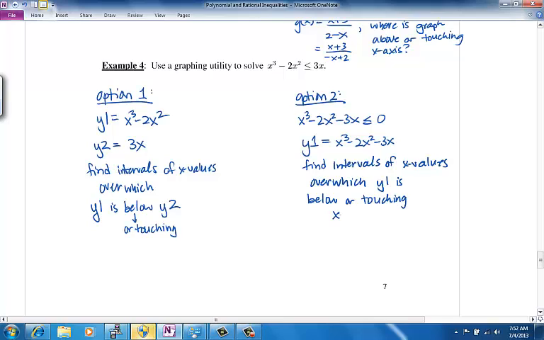I said y-axis, but the x-axis. So either one is fine. Let's take a look at both.